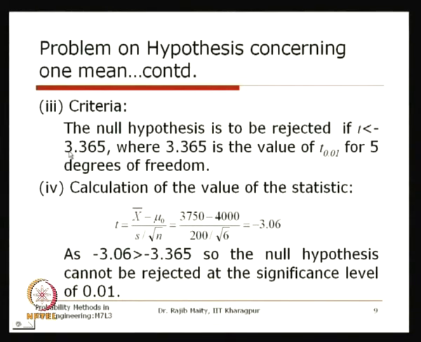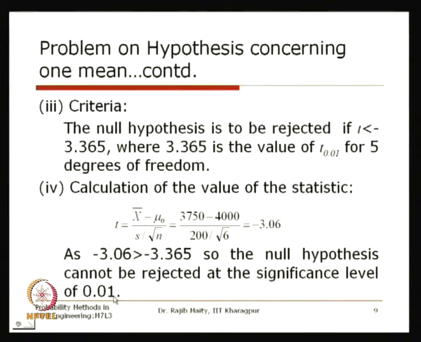Now from the data that is available, x bar is 3750 and s equals 200, we are getting that t is minus 3.06. As this minus 3.06 is greater than minus 3.365, the null hypothesis cannot be rejected at the significance level of 0.01.